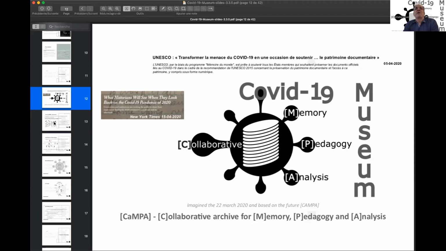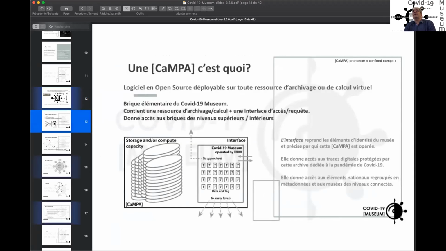So what is the COMPA? The COMPA is software developed in open source, which could be used over any collection of documents or any computational resources. It would be the software to build the COVID-19 museum.